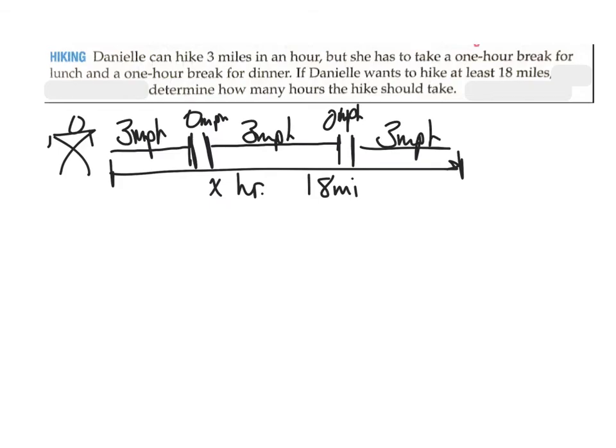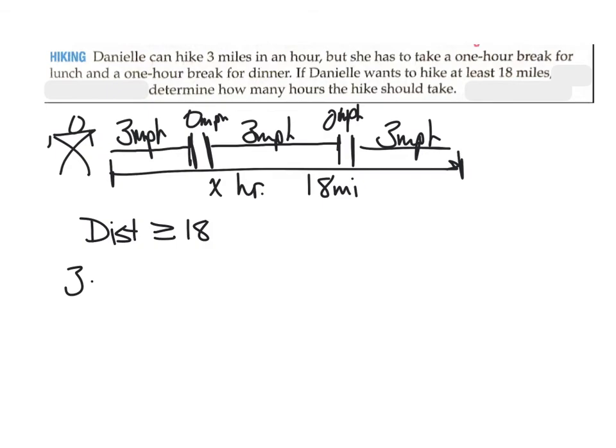So when we think about distance being rate times time, we recognize that the question asks that Danielle wants to hike at least 18 miles. So her distance has to be at least 18, so it can be greater than or equal to 18. And like I said, distance is rate times time. Her rate is 3 miles an hour.